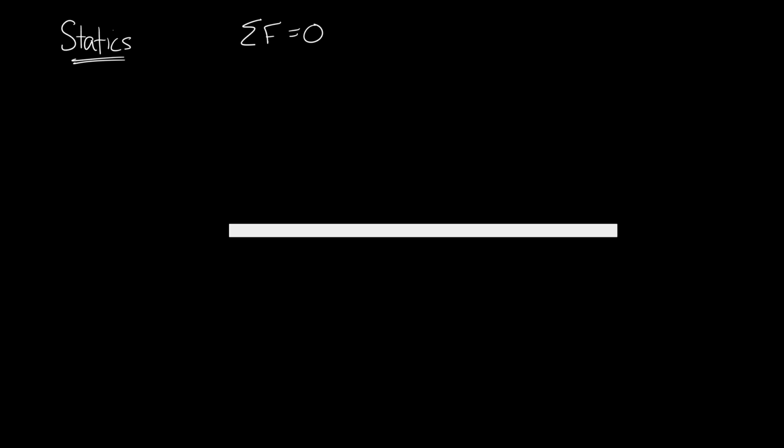But now we know things about torque. So statics involves not just force, but also torque. Statics occurs when both the sum of all the forces and the sum of all the torques equals 0. Okay, that's what a statics problem is about. So we're going to do a statics problem here to practice torque.